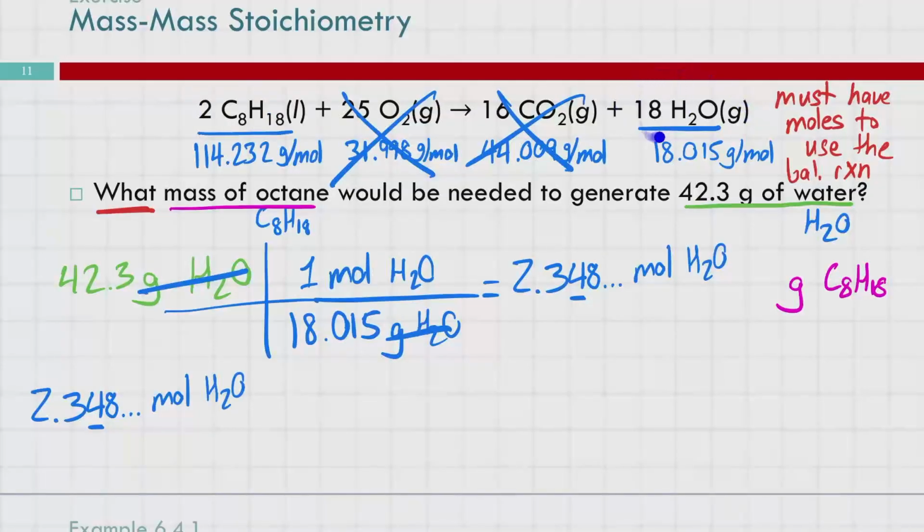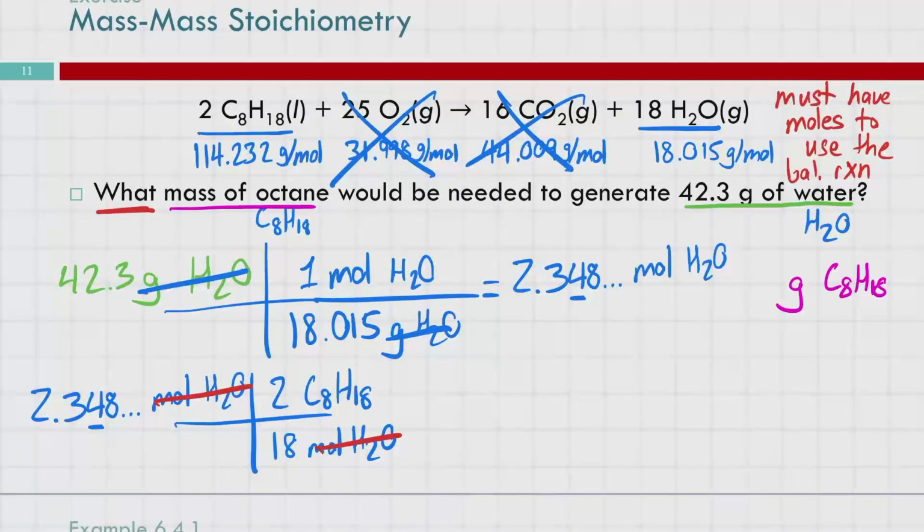And we're going to use our ratio of 18 to 2 to do that. So the 18 moles H2O goes on the bottom, so those cancel out. We'll do that with that red slash through. And then 2 moles C8H18, forgot my moles, goes on the top. People are having a party out there.